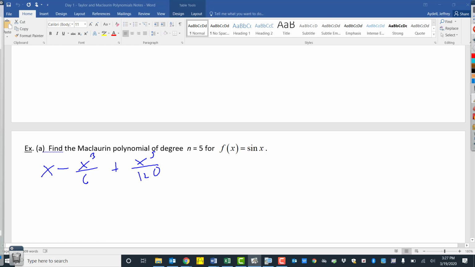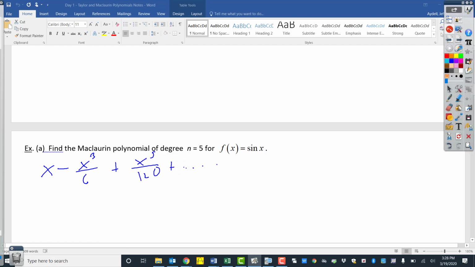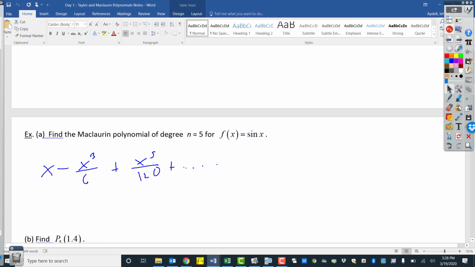And we see, now this is all coming together, how this was a good approximation for sine right around 0. The more terms we add to this polynomial, if we were to just keep going, the more accurate it would become in how close it is to sine of x. Okay?